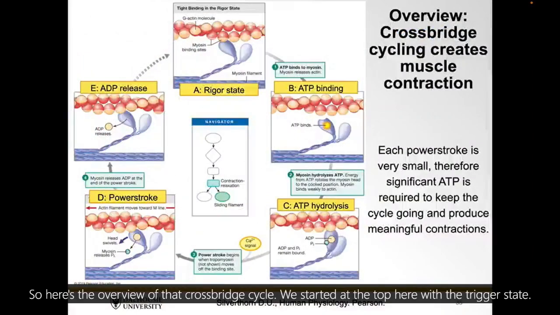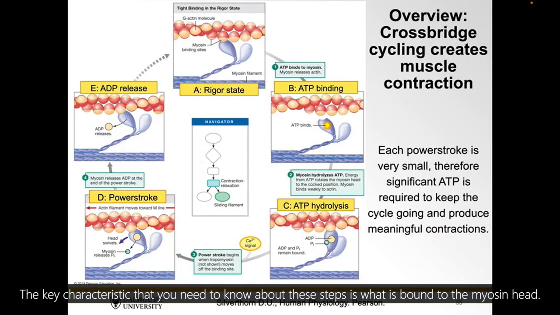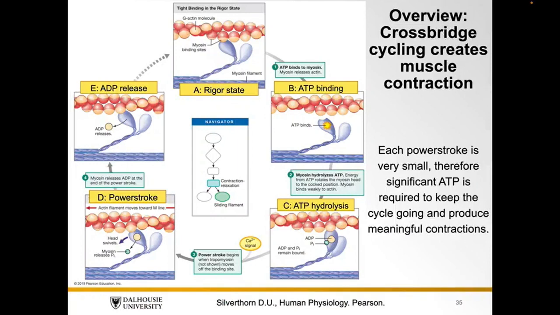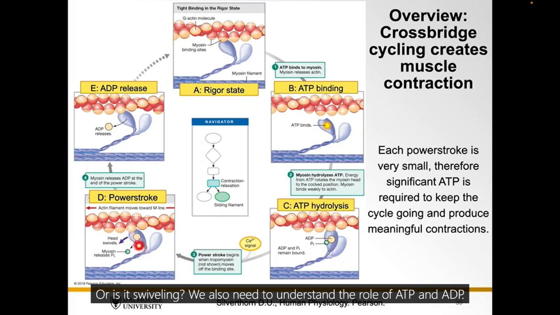So here's the overview of that cross-bridge cycle, right? We started at the top here with the rigor state. The key characteristics that you need to know about these steps is what is bound to the myosin head, and the position of the myosin head. Is it in that cocked or ready position? Is it swiveling?